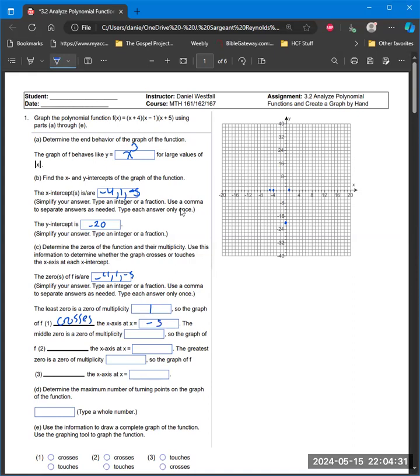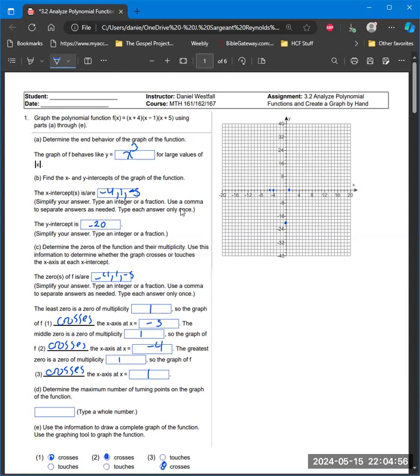The middle zero is of multiplicity 1, so the graph crosses at x equals -4. And the greatest zero is of multiplicity 1, so it crosses at x equals 1. This is crosses, crosses, and crosses.